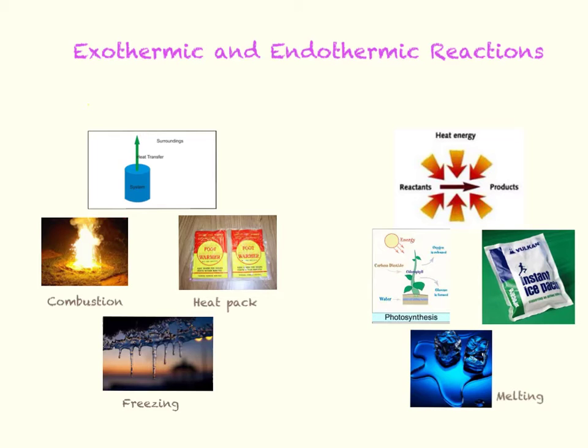So a couple of examples include any sort of combustion reaction, like any type of burning, any explosion, heat packs, and freezing. So if you're changing from one state to the next, where the second state has less energy, then it's an exothermic reaction.